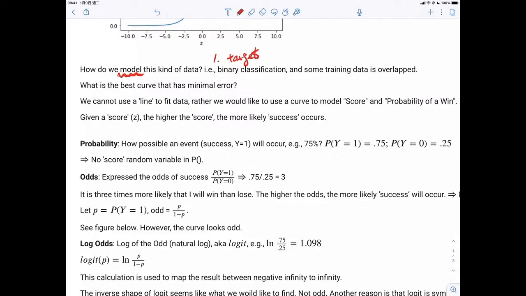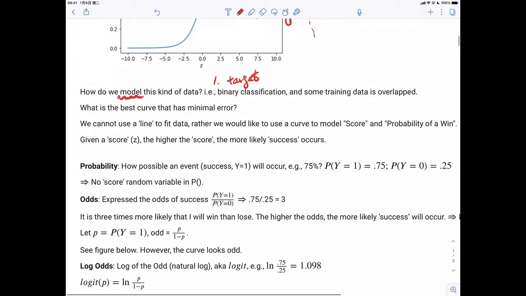So it's a binary classification problem. And some training data is overlapping. For example, with 25 points, sometimes you win and sometimes you lose, so it's overlapping. So what is the best curve for this, the one with the minimum loss?